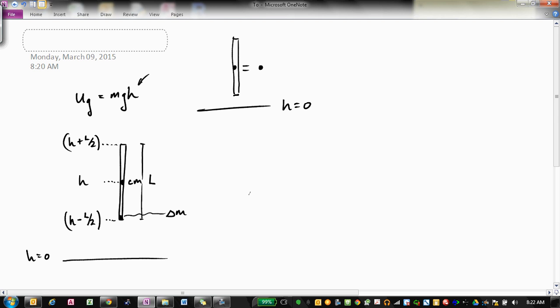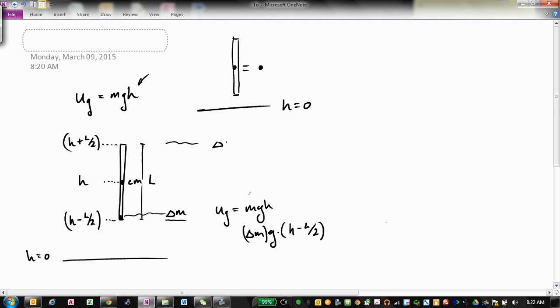All right, and if we think about this bottom chunk here, delta m, the gravitational energy, UG, would just be equal to mgh. So in this case, this little mass delta m, uniform gravitational field g, and the height would be h minus L over 2. Right, for the top chunk, same thing.